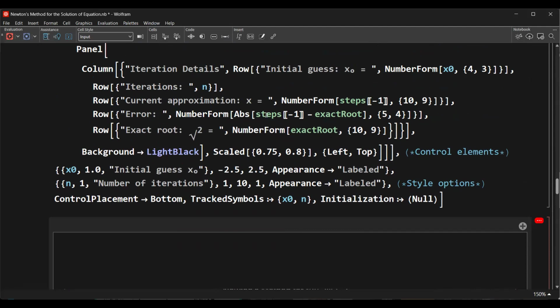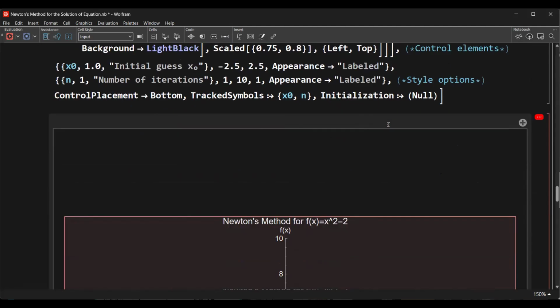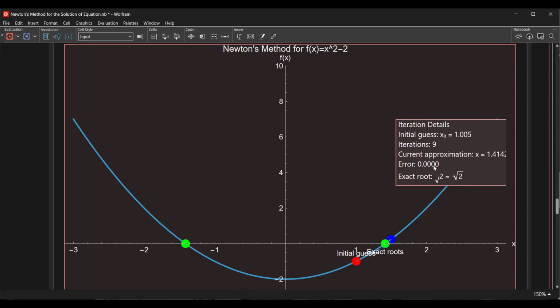This is the approximate value minus the exact value. Then we have the 5. It means this 5 is 5 digits and 4 decimal places, so we have 5 significant digits here.